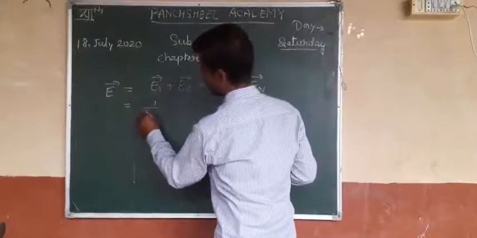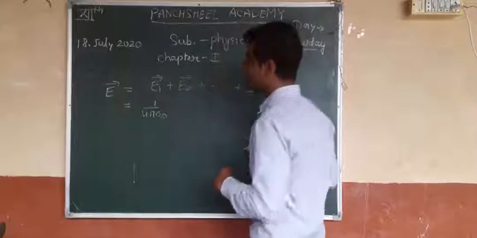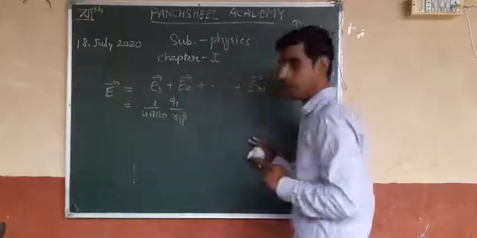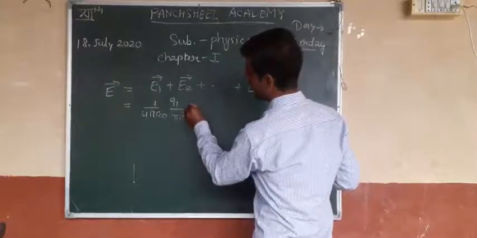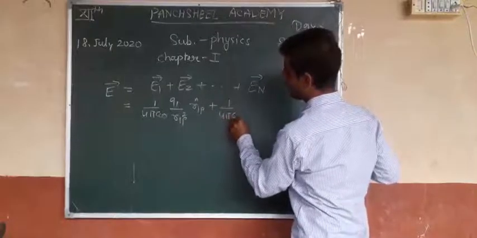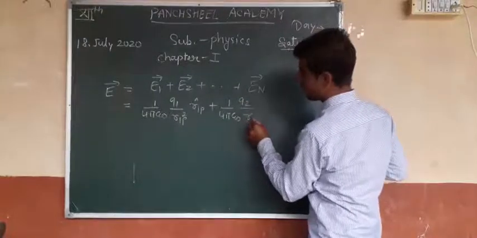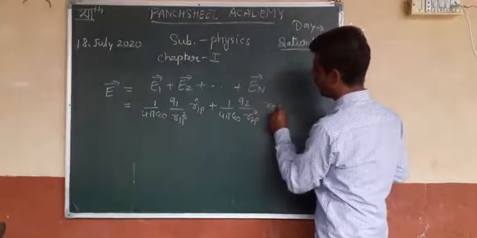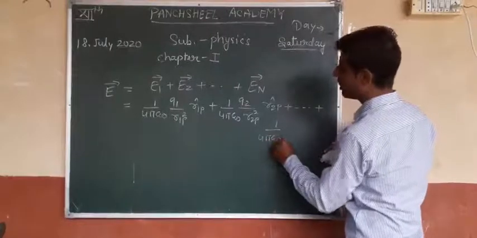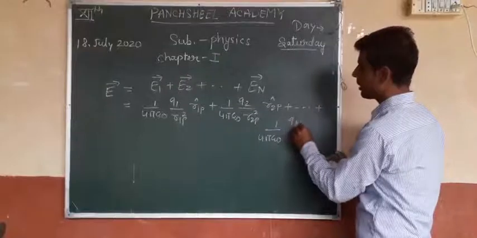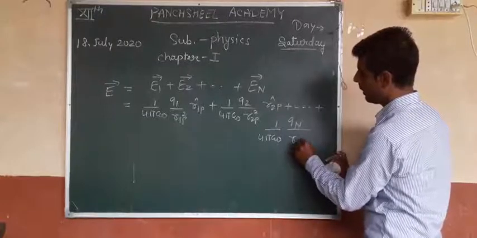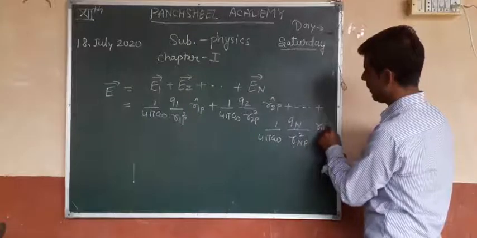So 1 upon 4 pi epsilon naught Q1 upon R1P square R1P cap plus 1 upon 4 pi epsilon naught Q2 upon R2P square R2P cap plus and so on plus 1 upon 4 pi epsilon naught Qn upon RnP square RnP vector.